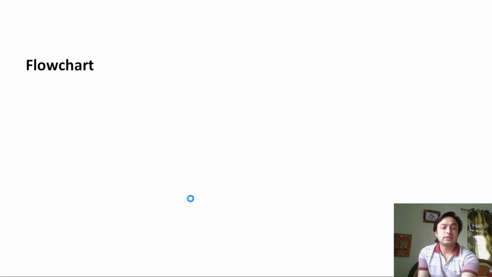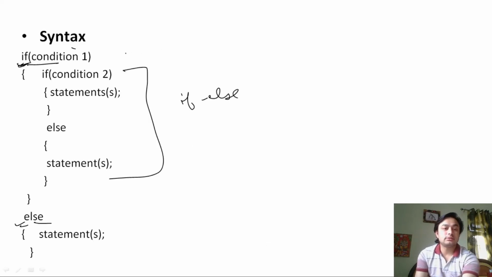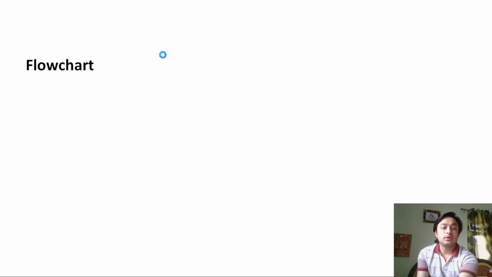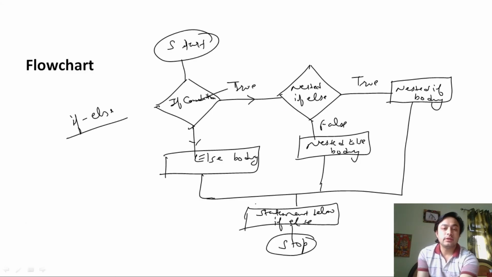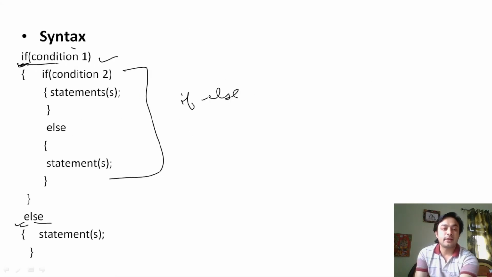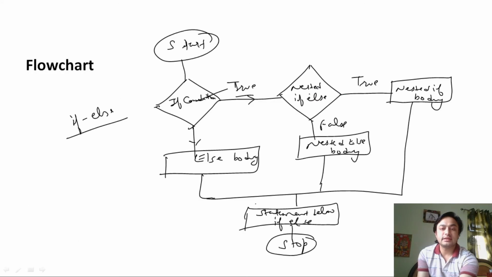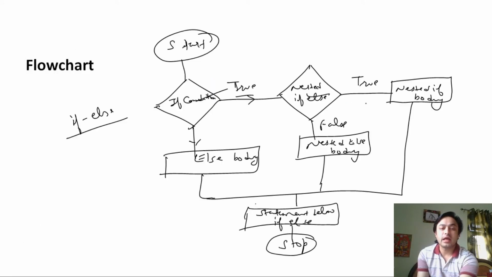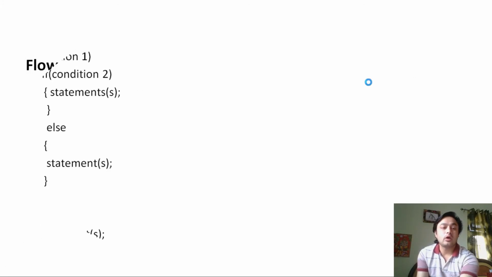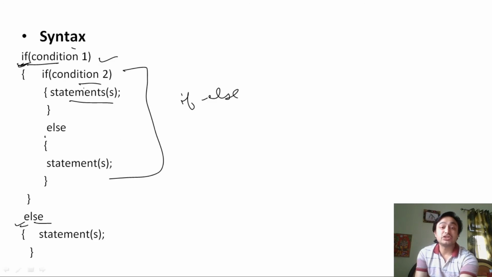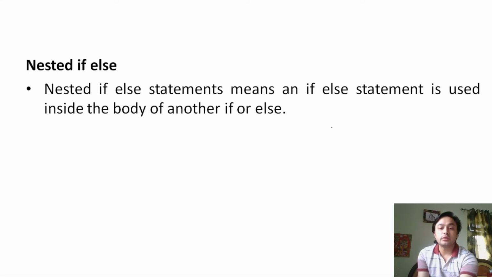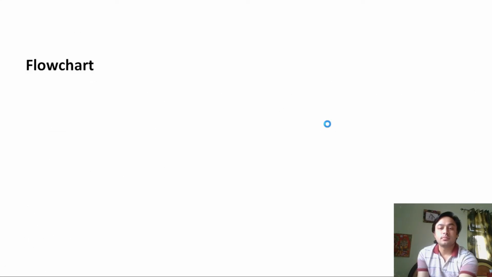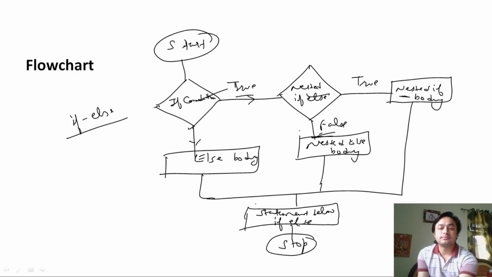So you can see that this if portion is this. When the condition is true, then it will come here, that is nested if else. Again, if the condition is true, then this if body part will be executed, that is this. Or if the condition is not true, else, then this portion will be executed, which is this.